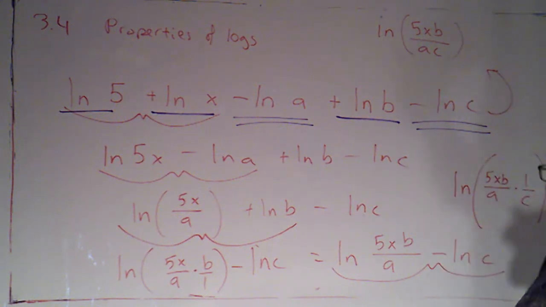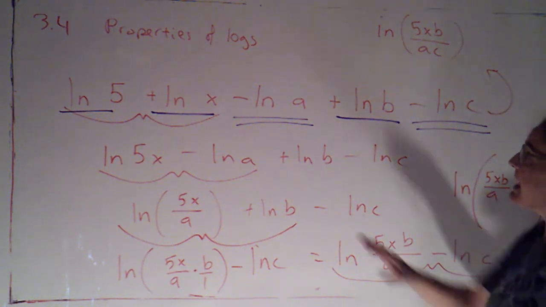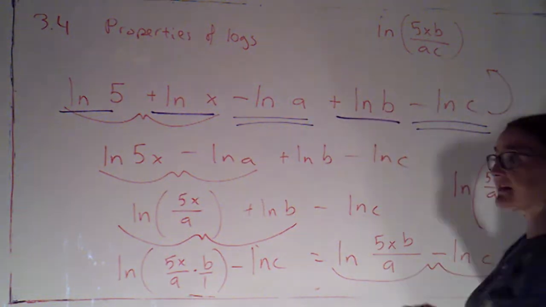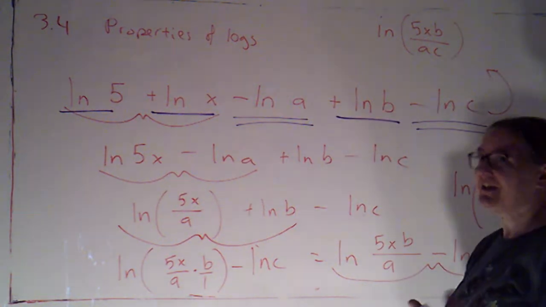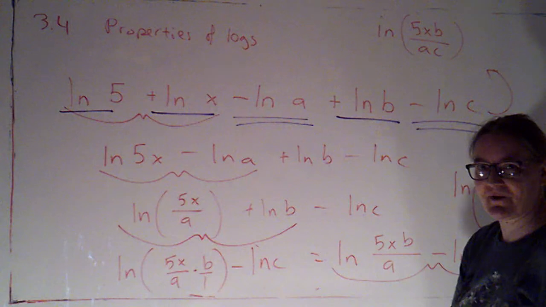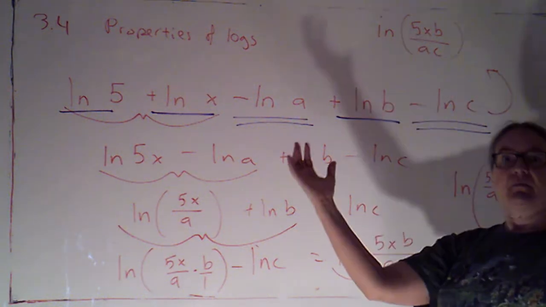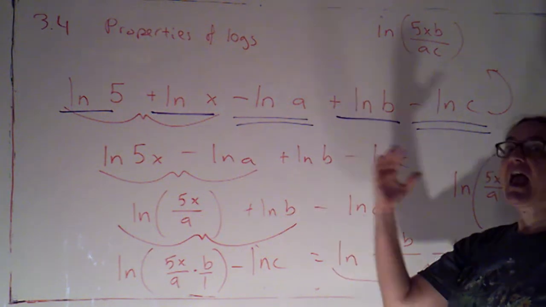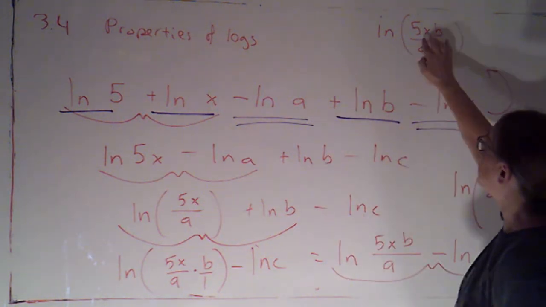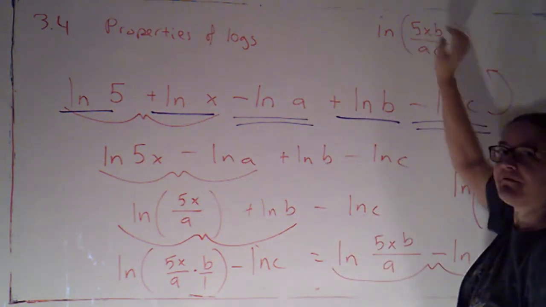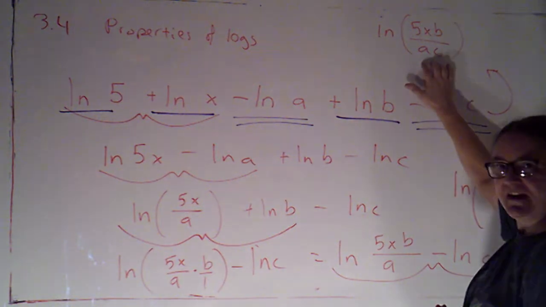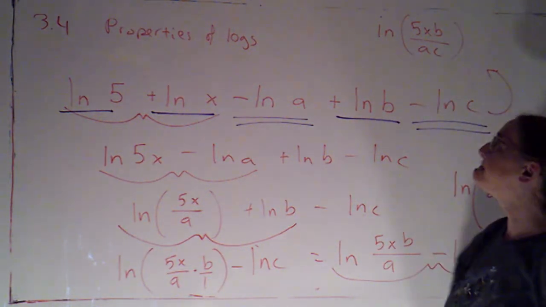So similar shortcut to what we had before. If you're just adding and subtracting a whole bunch of logs, you're adding and subtracting a whole bunch of exponents, you can put it as one log or one exponent for an entire fraction. Everything where the log was positive is on top. Everything where the log was negative is going to be on bottom.